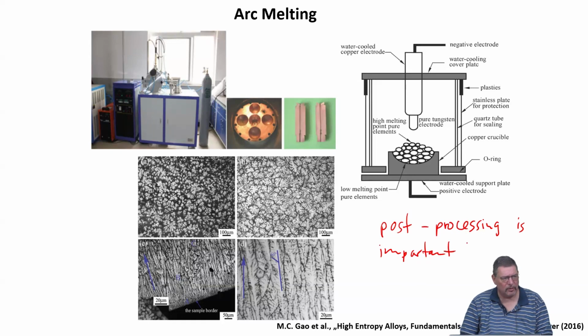I recommend not only doing a homogenization treatment, but once you have melted the alloy several times so that you have compositionally homogenized it, it's normally a good method to severely deform the material by rotary swaging or by hammering, whatever, and then do the homogenization treatment.